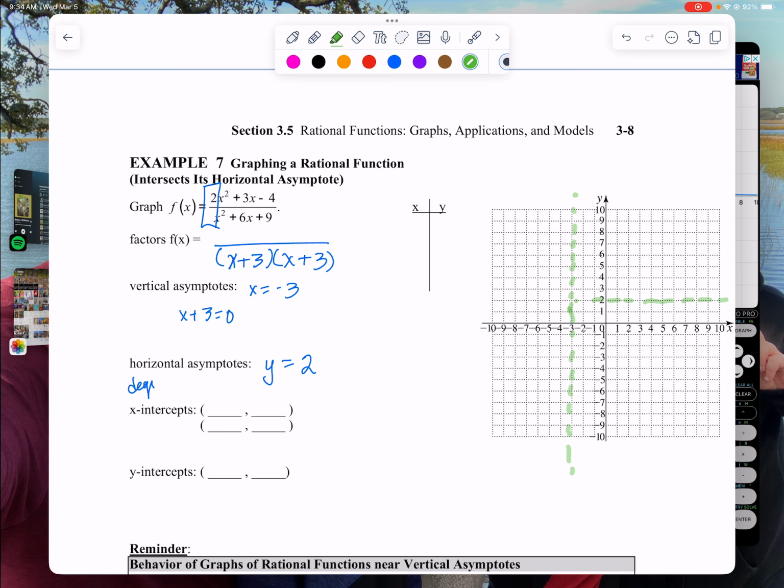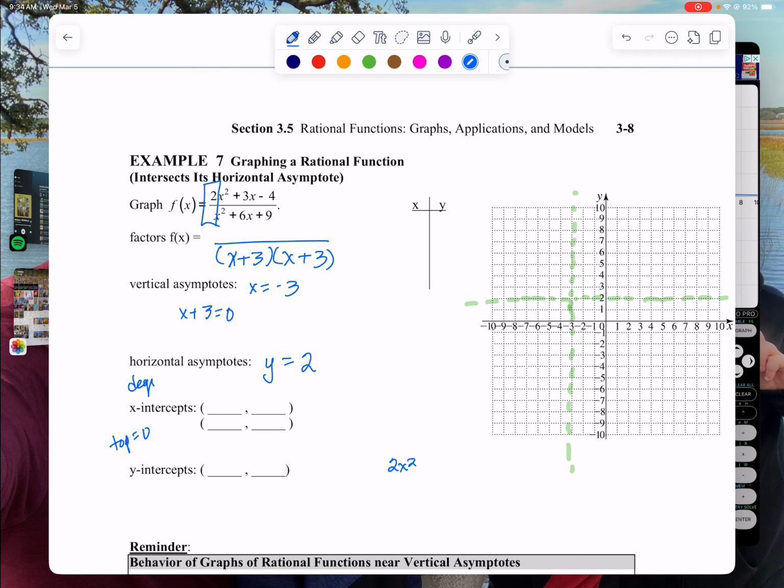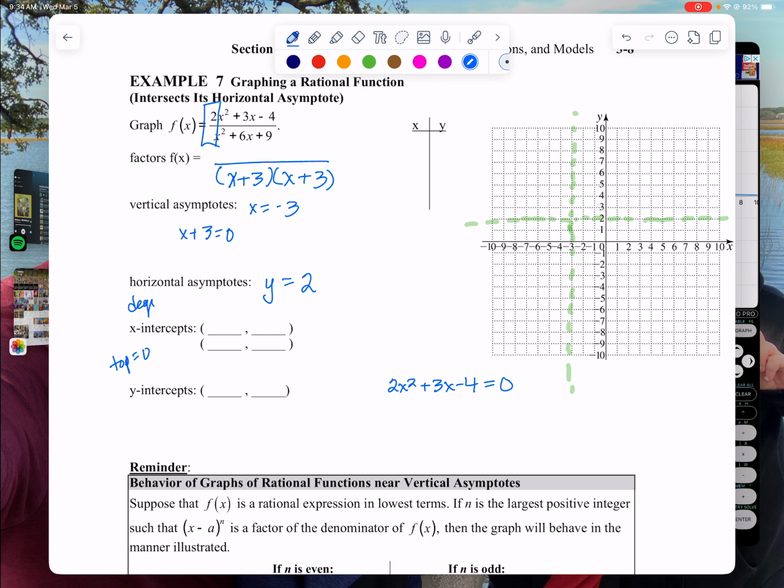Let's do my x-intercepts. Now my x-intercepts, remember that is where the top is going to be equal to 0. So if I do 2x squared plus 3x minus 4 equals 0, if I try and factor that, it will not factor. So I have to use my quadratic formula.